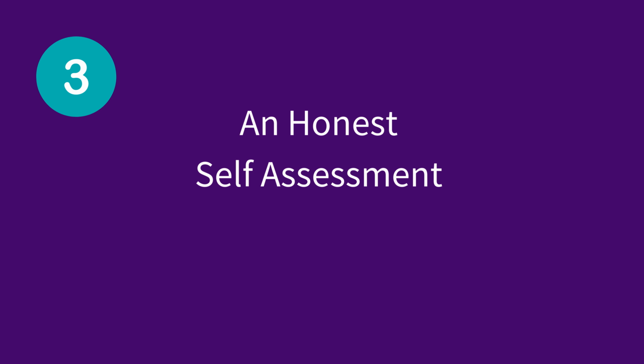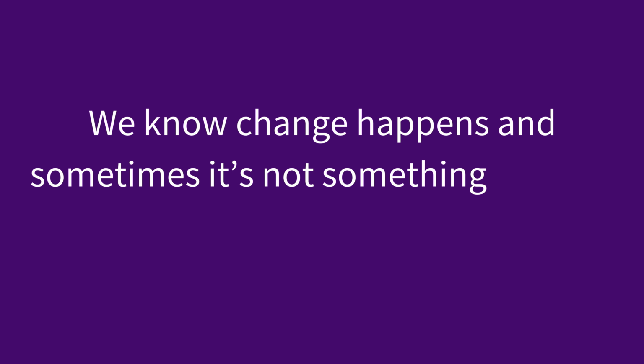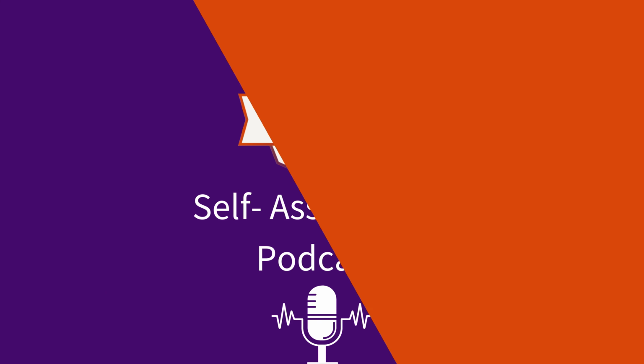And the third thing that we look at is that your self-assessment is honest. We know that things change in all organizations, and sometimes we're not able to fully meet all of the indicators, and that is absolutely fine.